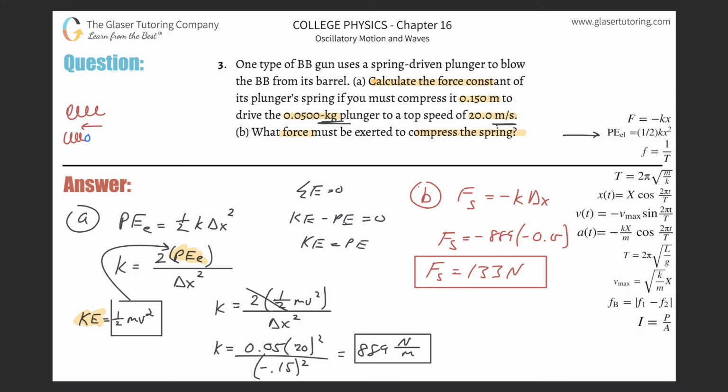That's how I'm thinking about the problem. So when this thing is released, the ball moves to the right. That's why it had a positive velocity. And that is also why the change in the spring displacement is negative, because I started at a positive and then I went to the left.